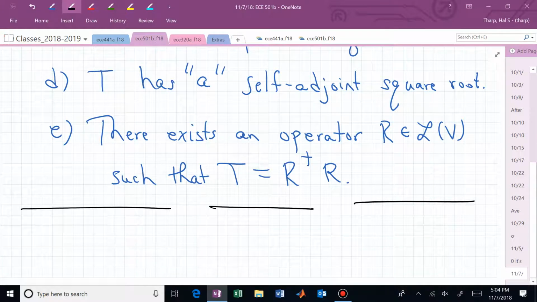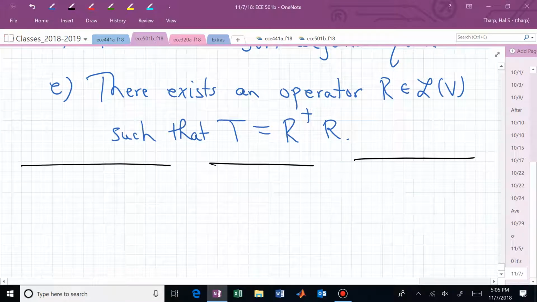Let's look at some positive operators in terms of matrices so we can wrap our minds around all of this stuff. So let's look at some examples with matrices.